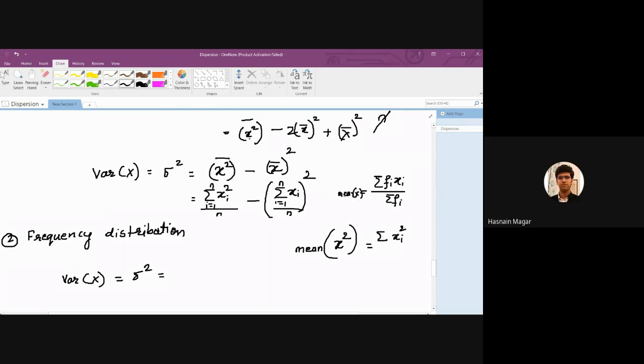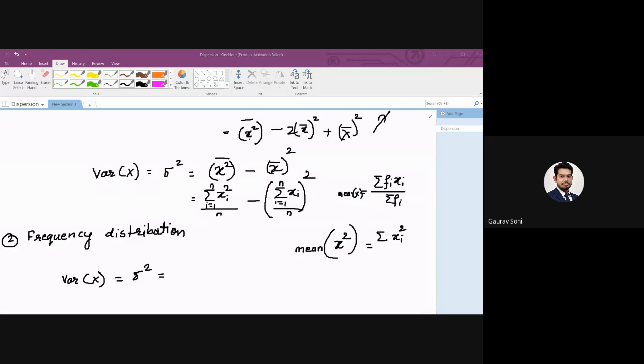Sir, can I try now? No, let Aditya do it because he was almost right. Just one place where he needs to change is this. Yes, Aditya, please. Sir, summation fi square xi square upon summation of fi. Hmm, okay. Who was the other one who wanted to try?